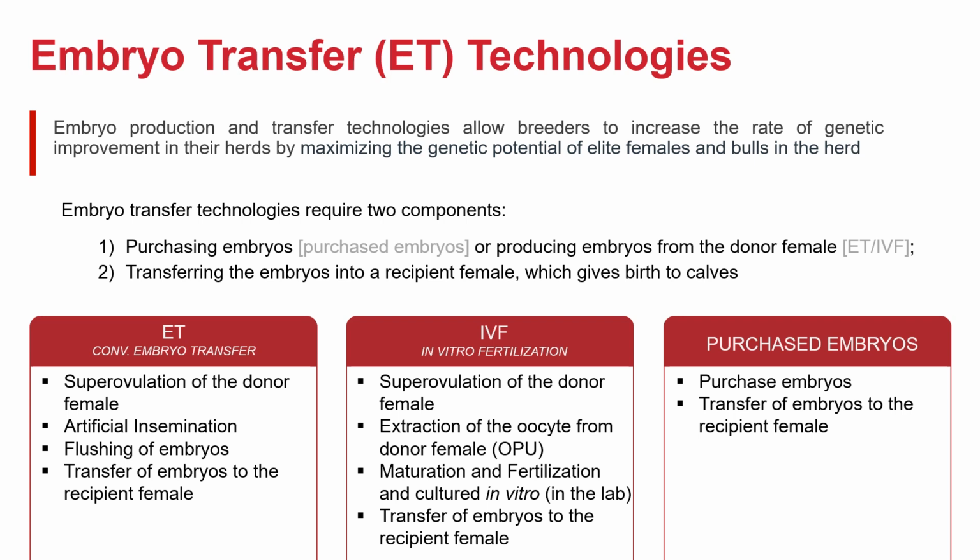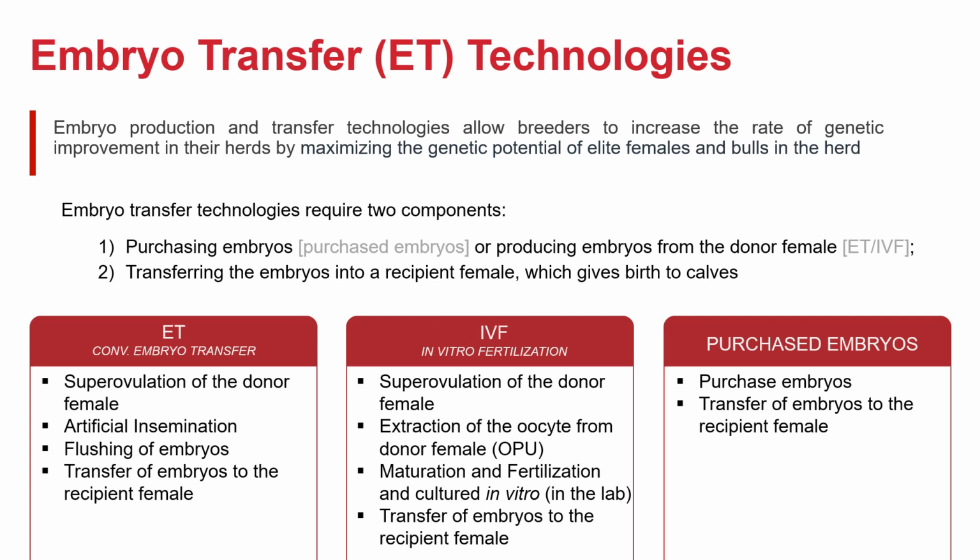For instance, if we consider conventional embryo transfer, that process consists of a superovulation protocol followed by artificial insemination, flushing of the embryos, and then transferring them to the recipient female. For in vitro fertilization, or IVF, superovulation of the donors is still used.